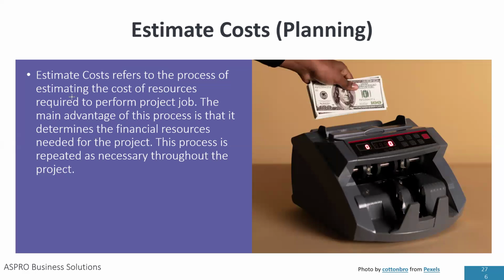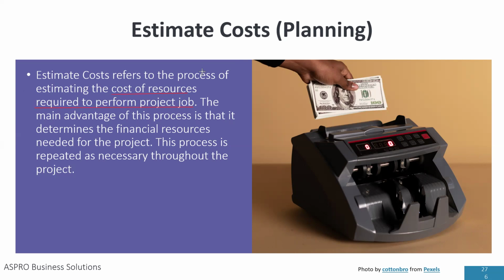And in estimating the cost of your activities, it's largely based on the cost of resources required to perform the activity. If you think about it, when you are executing a project, you're actually paying money for activities to be done. And the activities depend on the resources you have available.